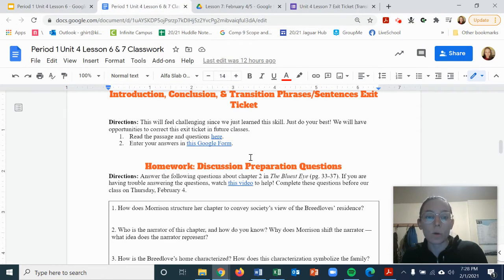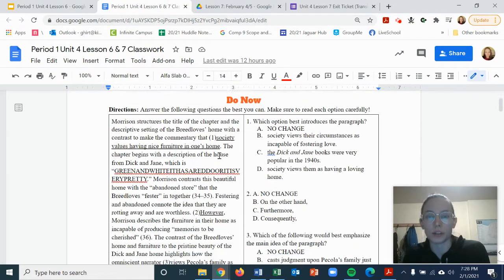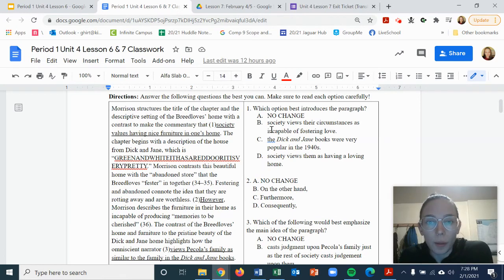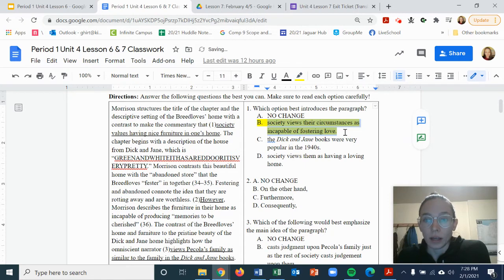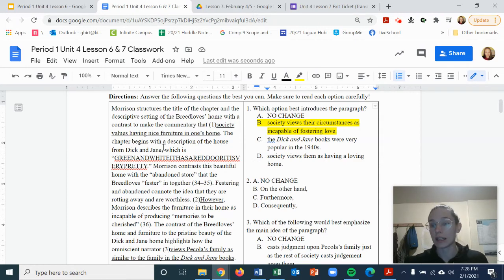So question 1 on the do now. The answer was B. And the reason is that this whole paragraph talks about how society views the Breedloves, or the way the paragraph is written shows how society thinks of them as outcasts, right?